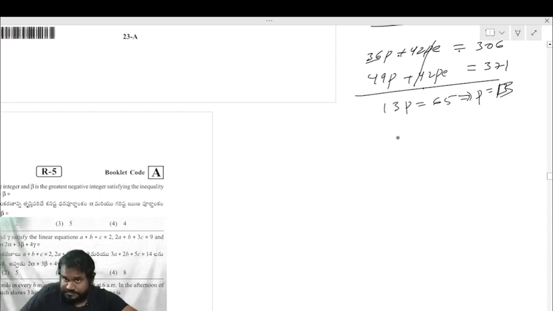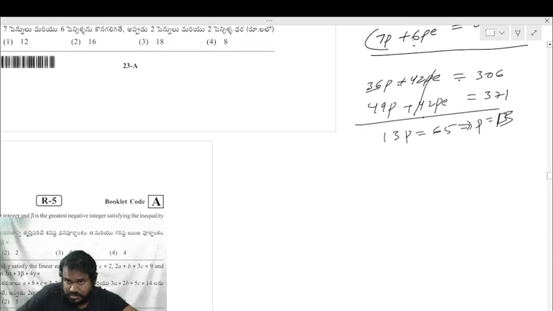Once you have the pen value, how to find the pencil? You know 6p plus 7 pencils is equal to 51.